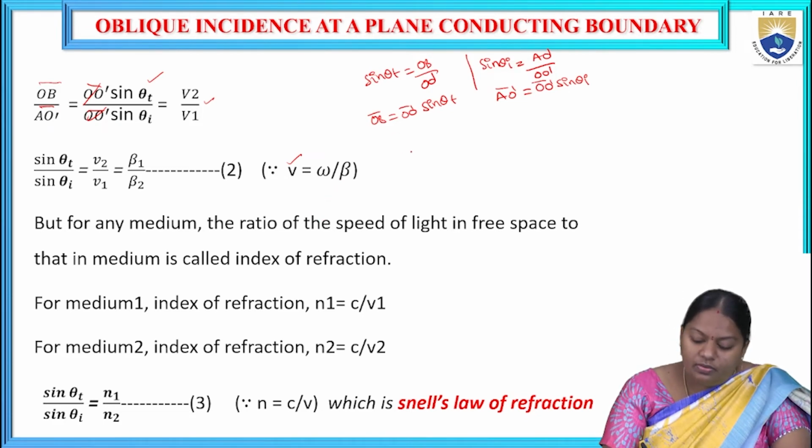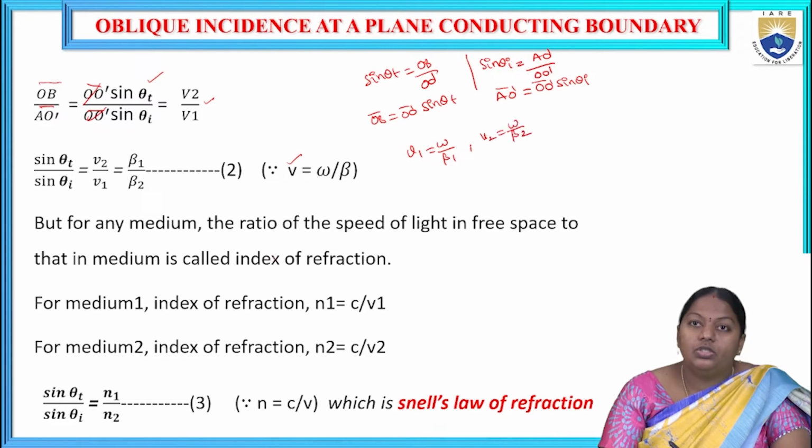So V1 is equal to omega by beta 1 and V2 is equal to omega by beta 2.